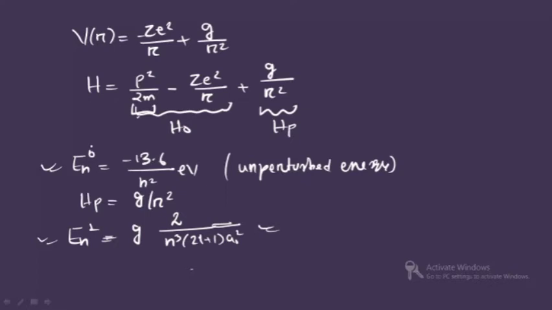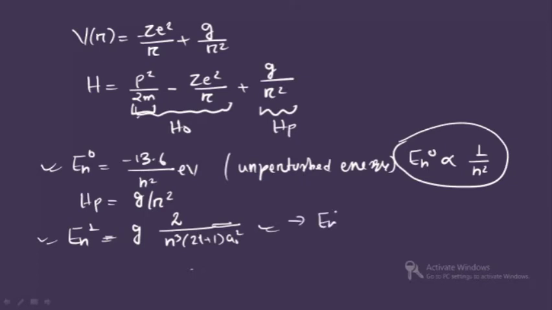Now you see this energy, the zero order correction E_n^0, is proportional to 1 by n². That means it is depending only on n. And the first order correction is proportional to 1 by n³, and it is proportional to 1 by (2l+1).